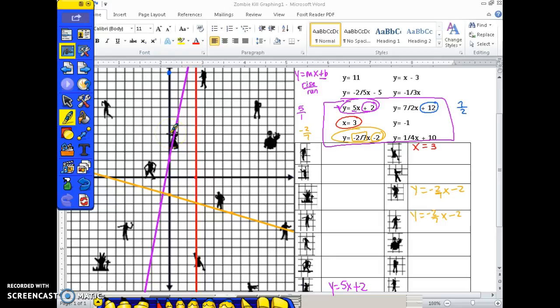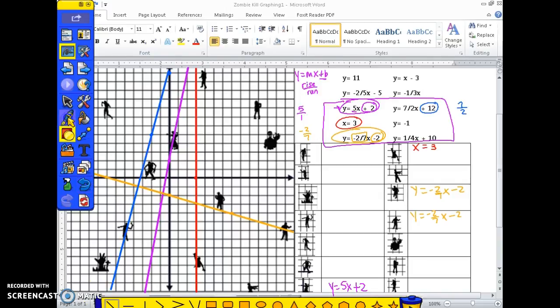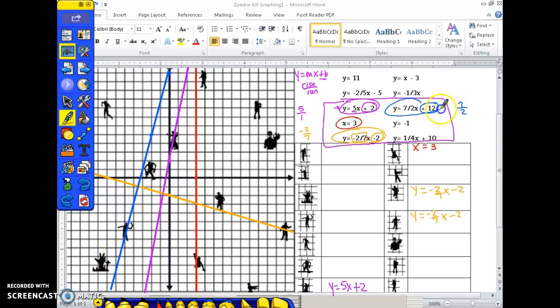My denominator says to go to the right 2, but since I went down 7 instead of going up 7, I have to go to the left 2. And once you put those 2 points, you graph your line. So now I connect these 2 points, and that is the graph for y equals 7/2x plus 12.